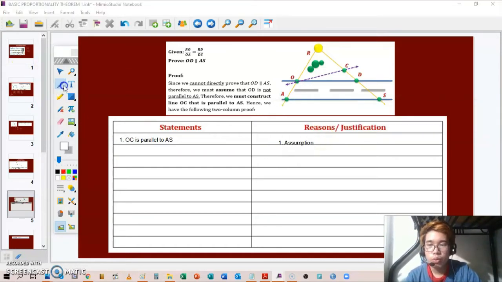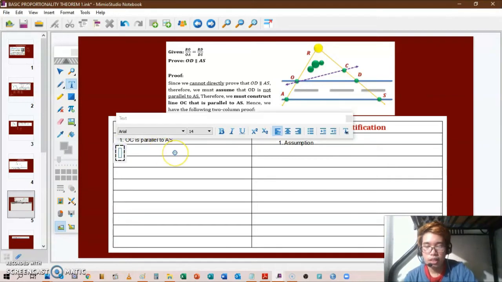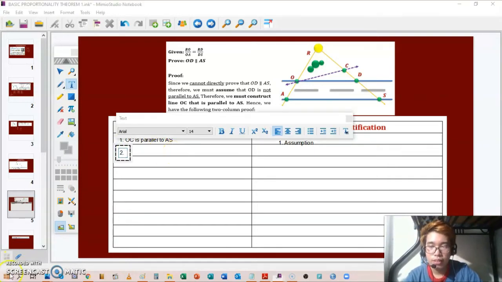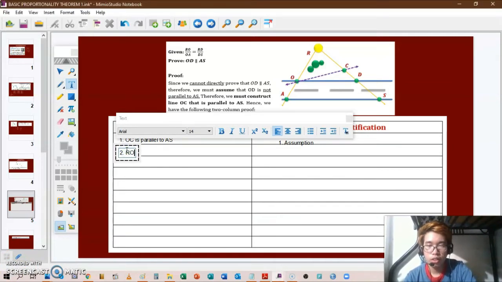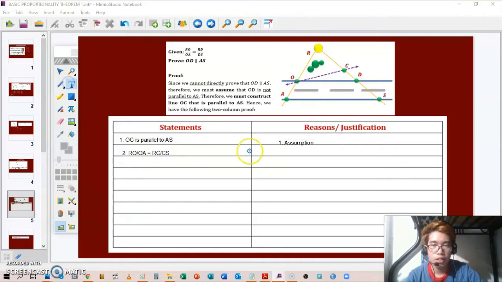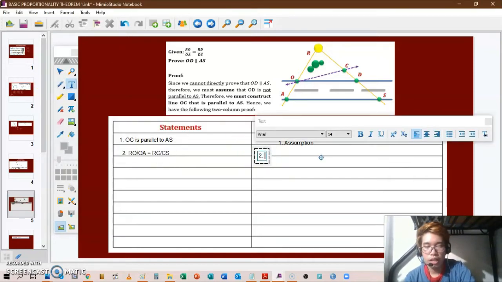For number two, we can write that RO over OA is equal to RC over CS. The reason for that is, of course, the basic proportionality theorem.